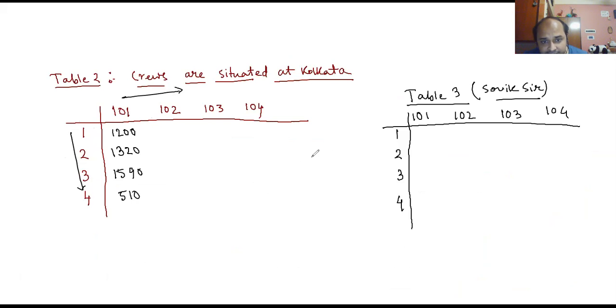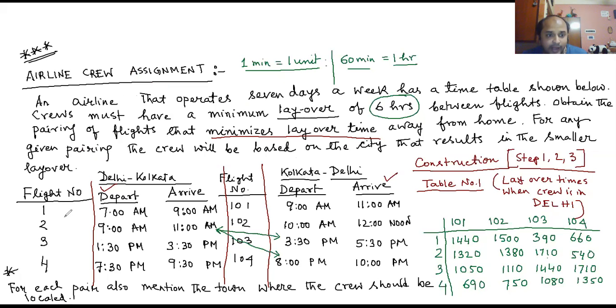I am associating 101 with 1. 101 is becoming 1, 101 is becoming 2, 101 is becoming 3, 101 is becoming 4. Previously the process was different. 1 was becoming 101, 1 was becoming 102, 1 was becoming 103, 1 was becoming 104.